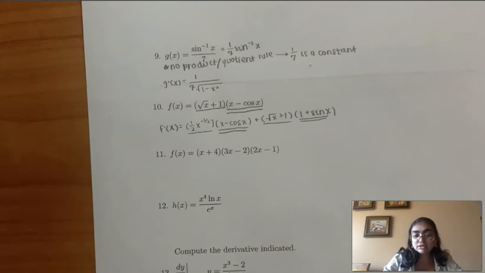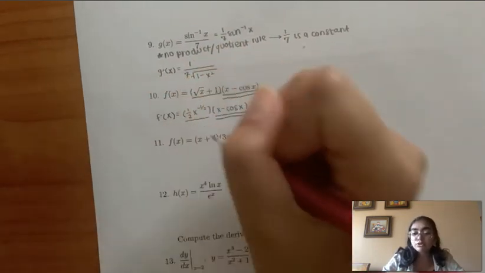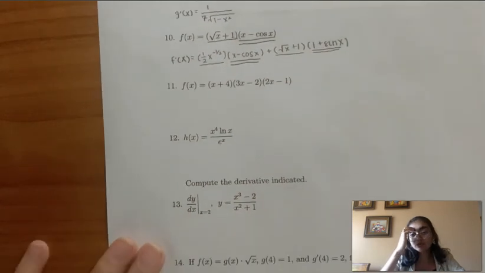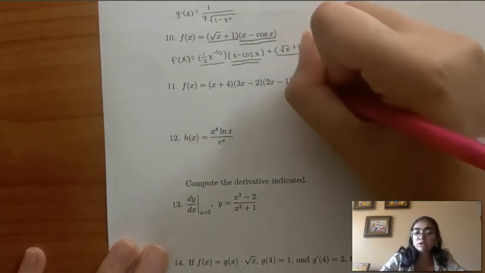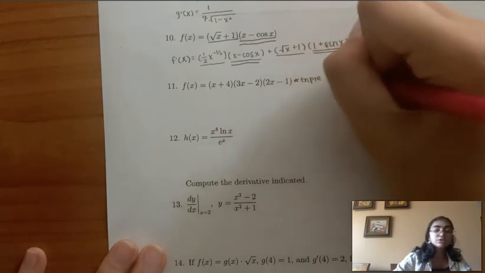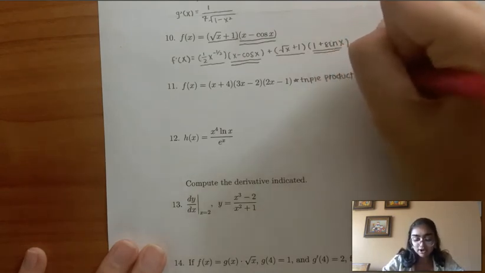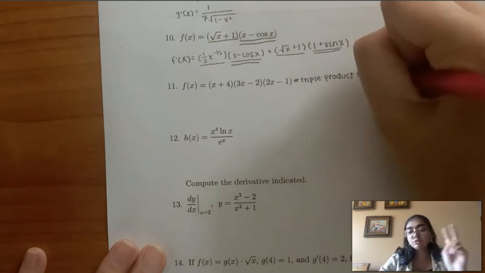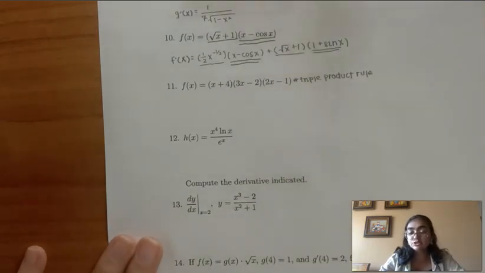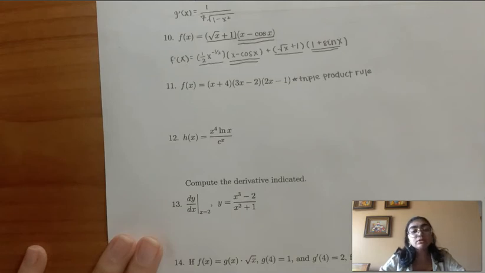I've never seen a problem like this on a test before, but if you follow the product rule, you will be able to do any kind of product problem, whether it be 2 components, 3 components, etc. Basically, what you have to do is keep 2 of the components of the product the same, and then take the derivative of the third one. And then do that 3 times, alternating which component you take the derivative of.